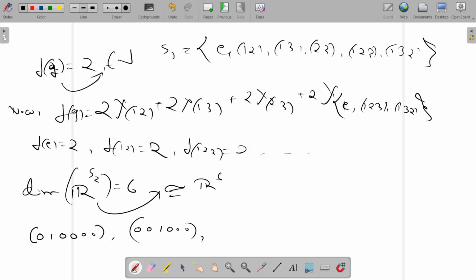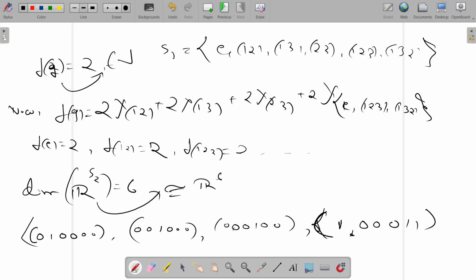So since I've written it like this, this will be second, and that will be 1 0 0, and the final one will be like this. So basically we will be spanned by something like this.